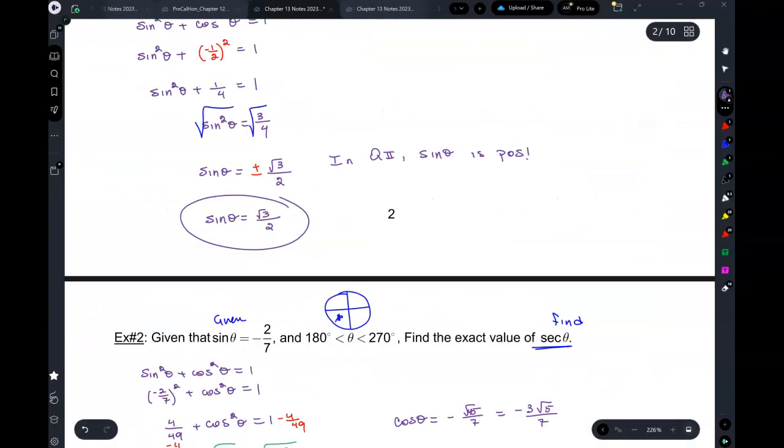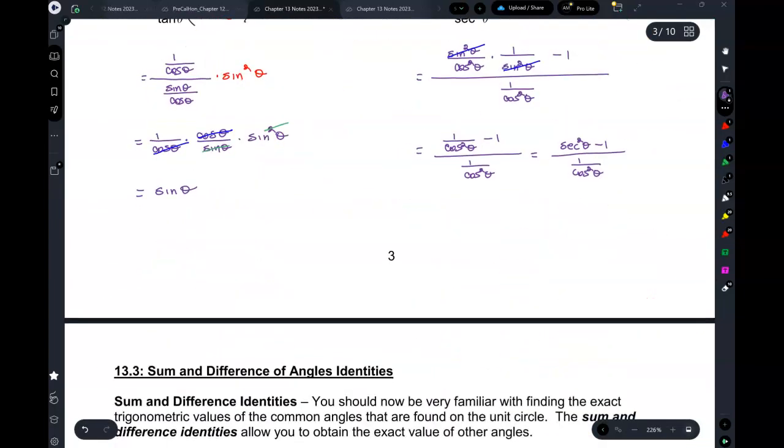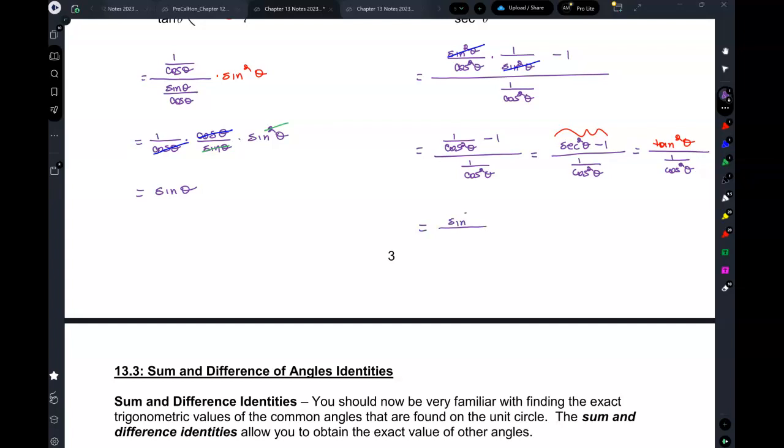So what is this equal to? Tangent squared theta. Just this. Now, over 1 over cosine squared theta. So now, what's tangent? Sine squared theta over cosine squared theta times cosine squared theta.